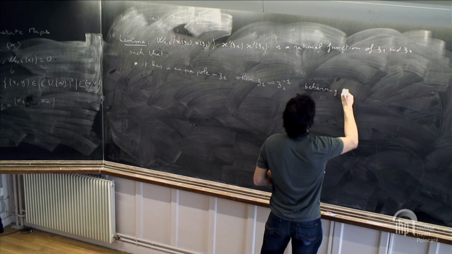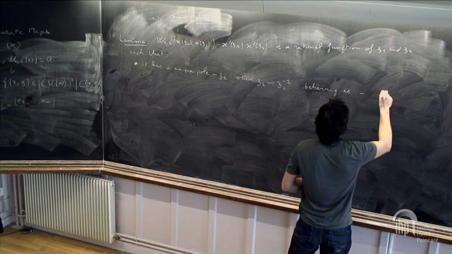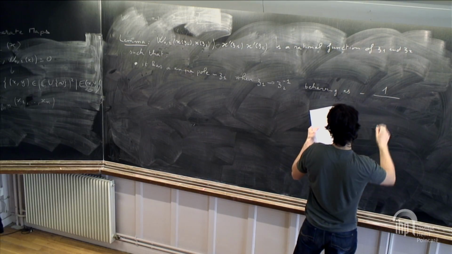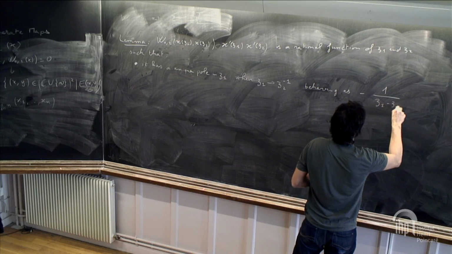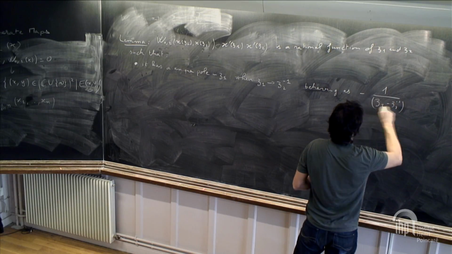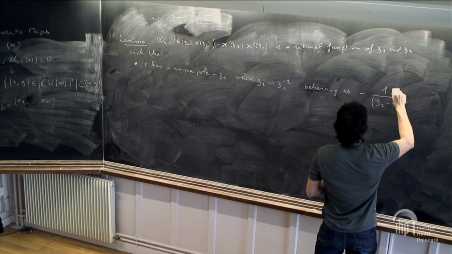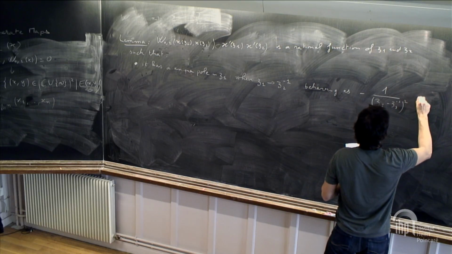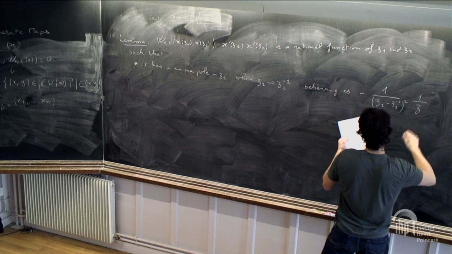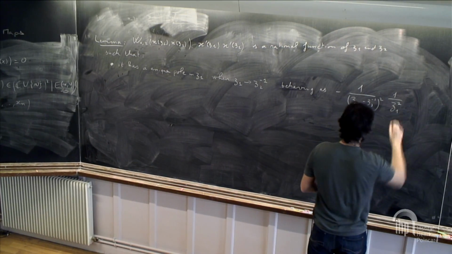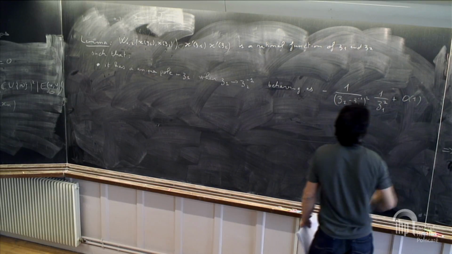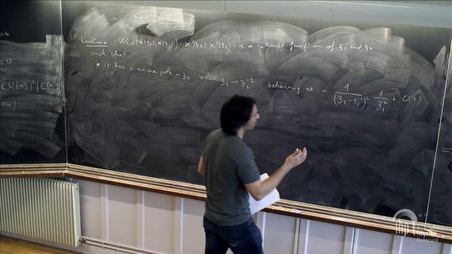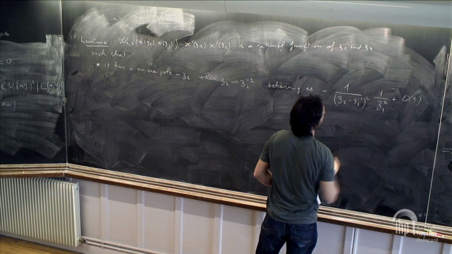Behaving as minus 1 over z1 minus z2 to the power minus 1, squared. I square it. And here I've got 1 over z1 to the power 2. Plus a part which is regular.